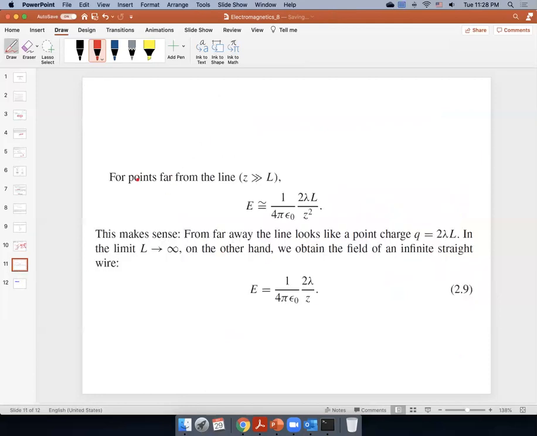Okay, so if the point is very far from L, then E becomes 1/4 pi epsilon 0 times lambda L over z squared.